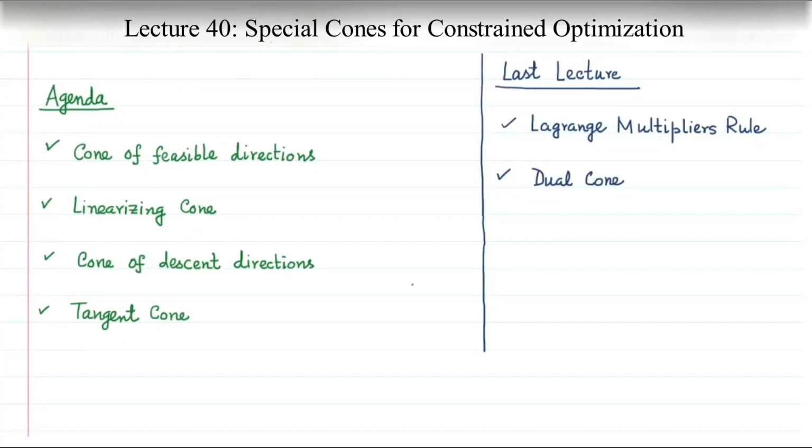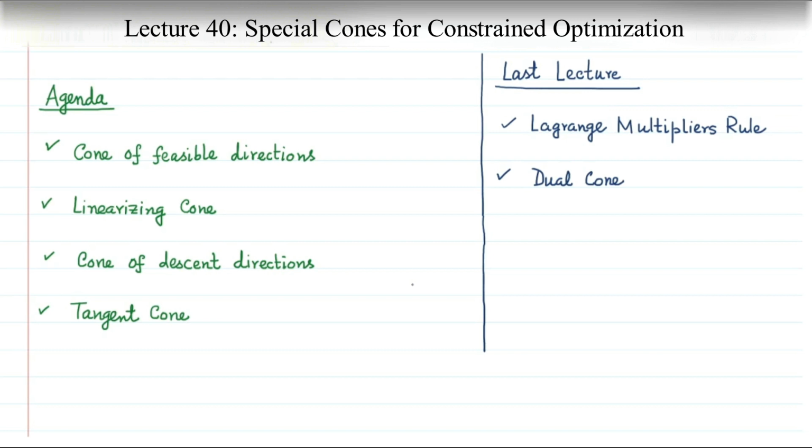On the last day, we started our discussion towards identifying optimality conditions for constrained optimization problems. In the last lecture, we were revisiting the Lagrange's multiplier rules, and we found that there are two specific points for which we need to be careful while applying Lagrange's multiplier rule. Otherwise, the rule might give a misleading conclusion.